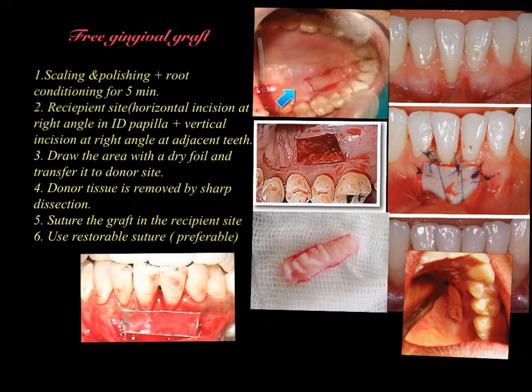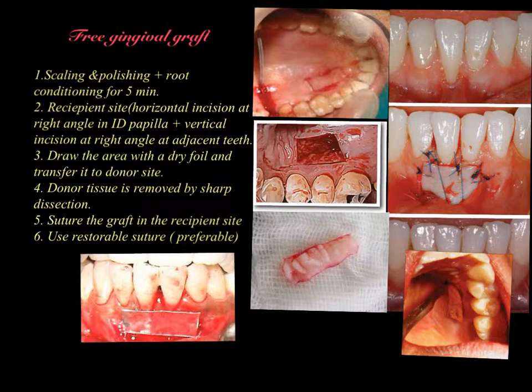We must pay attention to this neurovascular bundle as we get a huge amount of bleeding. It's also advisable to avoid the palatal rugae, as you see it here. We must avoid it as this will result in a poor aesthetic appearance of the graft tissue, which is difficult to eliminate even with surgery.